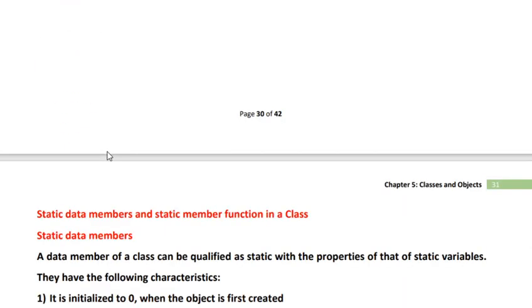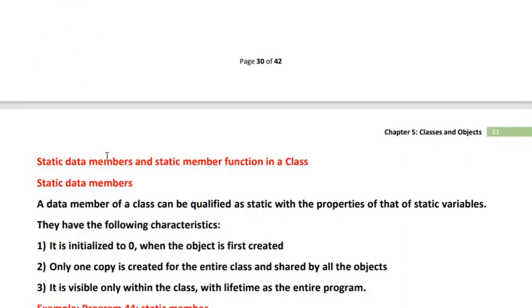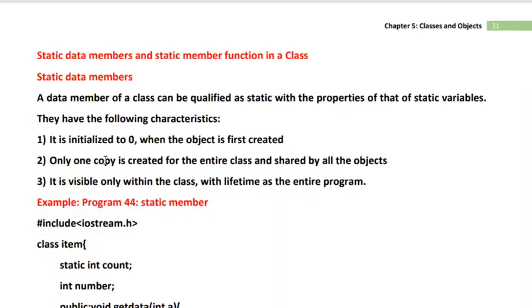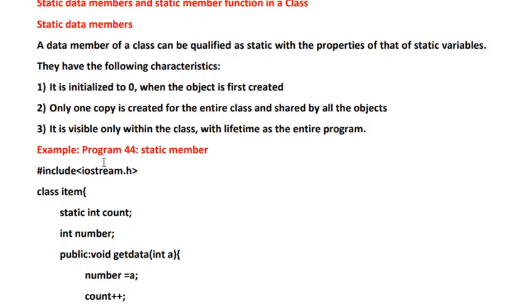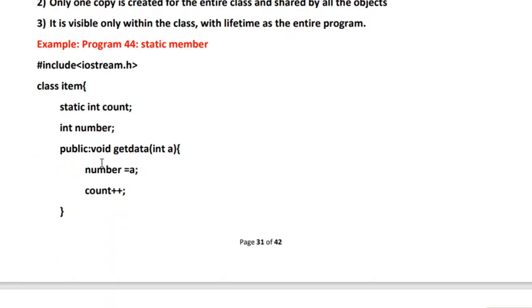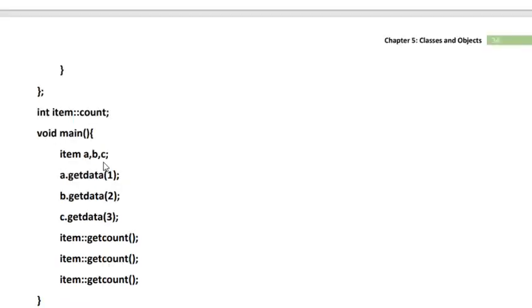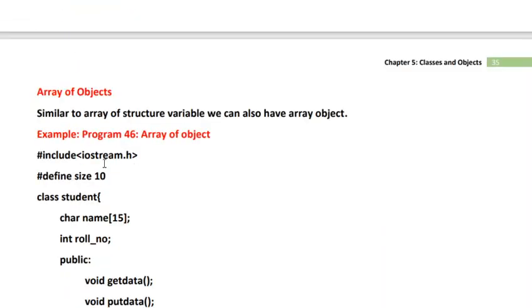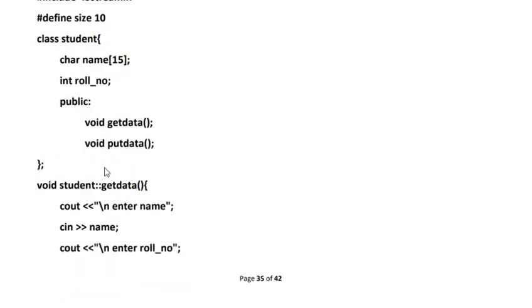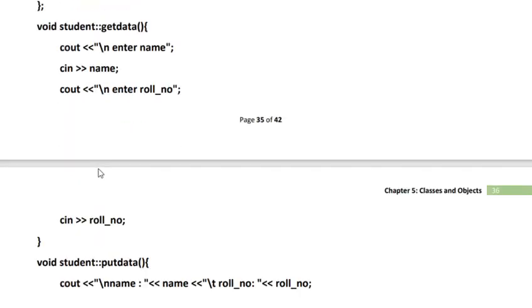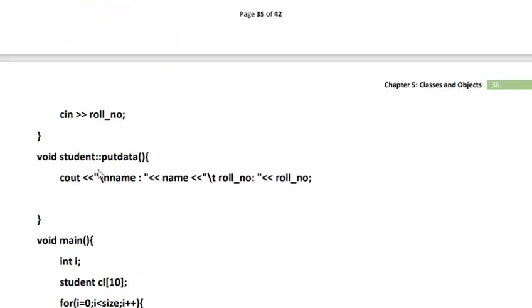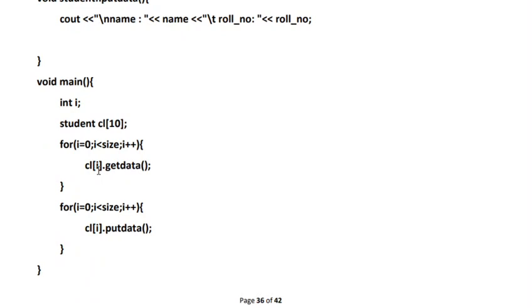Then we discussed static data members and static member functions, their properties, and understood them with the help of examples. Then we discussed array of objects. We have learned how to create an array of objects, how to access it, and how to manipulate data, and we tried to understand it with the help of an example.